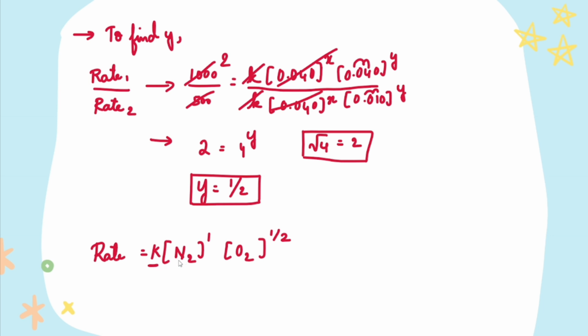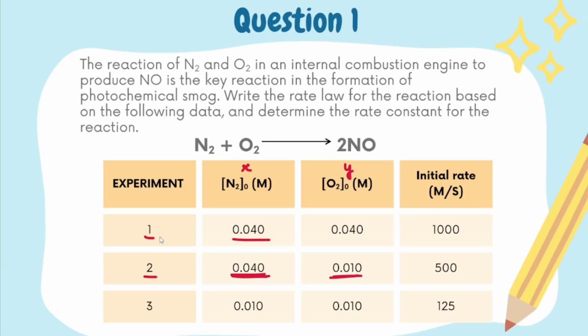What we are going to do is, to find the value of the rate constant k, we are going to take any one of the experiments. For example, I will take this experiment. So here we are just going to substitute the rate and the concentration of the reactants N2 and O2. We are just directly going to substitute them. We can consider any one of the experiments here. So let me consider the first one.